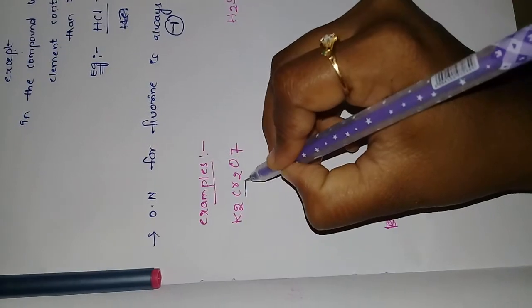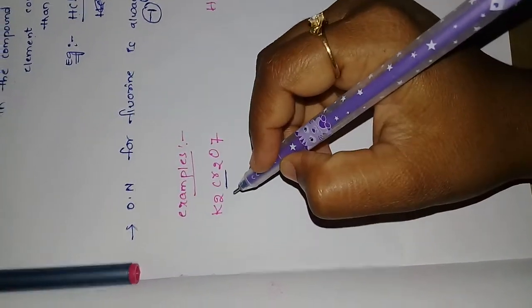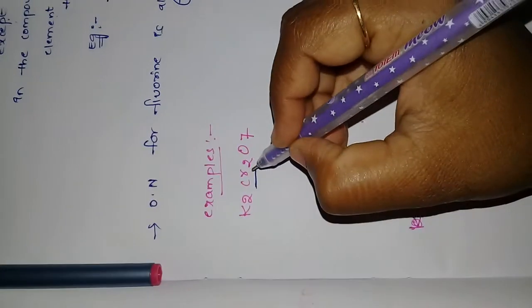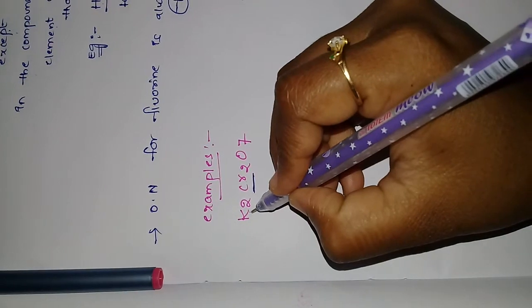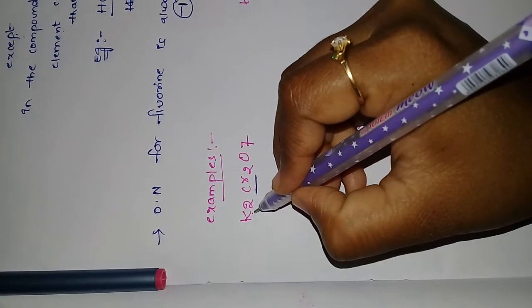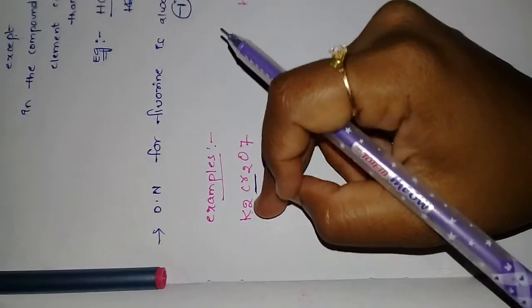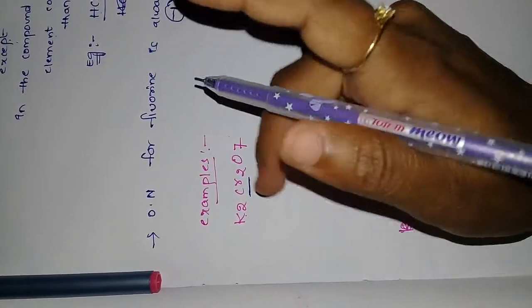Here we find the oxidation number for chromium. Potassium belongs to which group? First group. According to the rules, potassium belongs to first group, which means potassium has +1 charge.